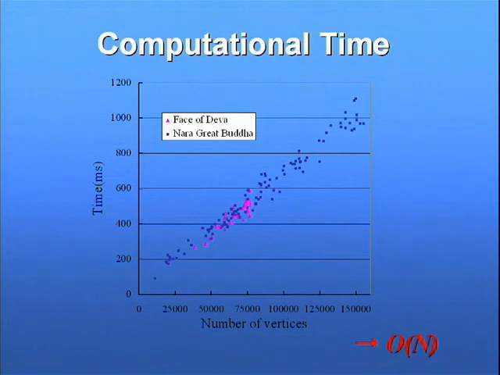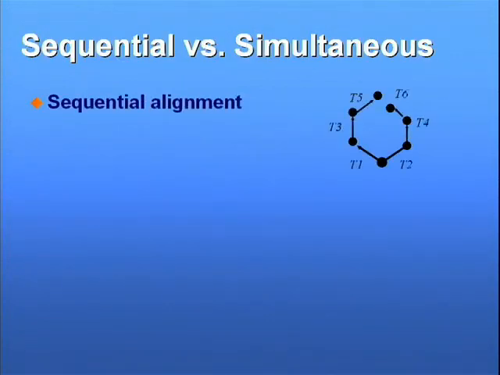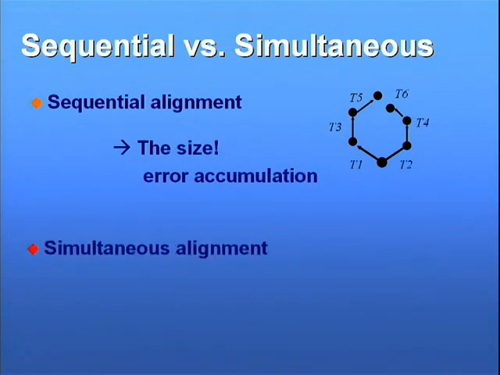Once we obtain this initial alignment for a large data set, one of the issues is that sequential alignment error accumulates, so we have to make a so-called global simultaneous alignment, loading all the data and determining the relative relations of the entire set.